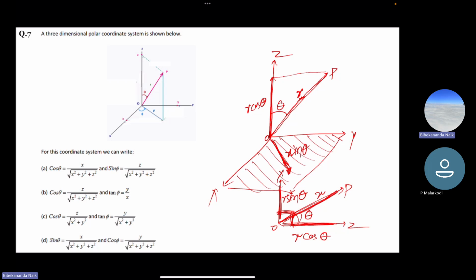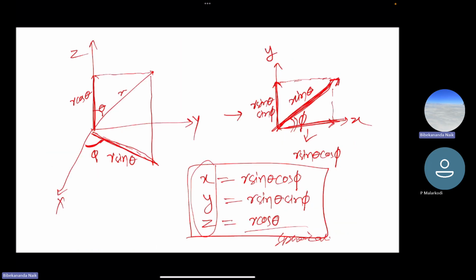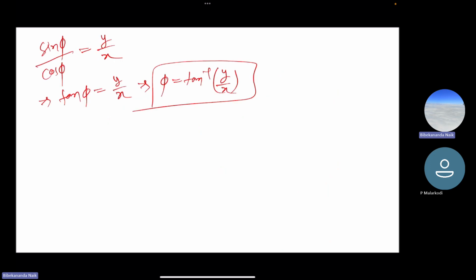And what about theta? We know x square plus y square will be r square sin square theta cos square phi plus r square sin square theta sin square phi.